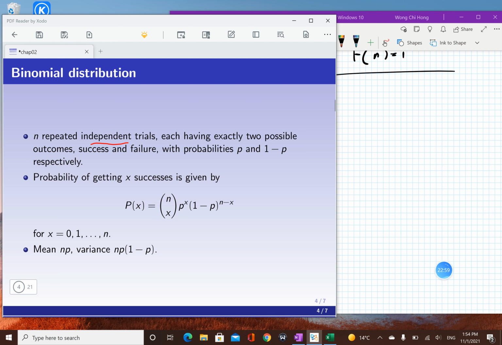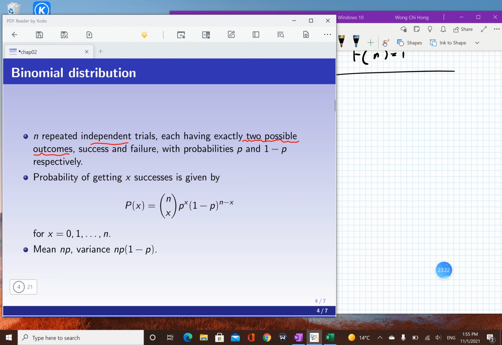Repeat that n times, where each time you've only got two possible outcomes. In a coin's case, it'll be a head and a tail. In reality, we just call them success and failure. You may imagine you throw your coin, and if you get a head, you call it a success. If you get a tail, you get a failure.